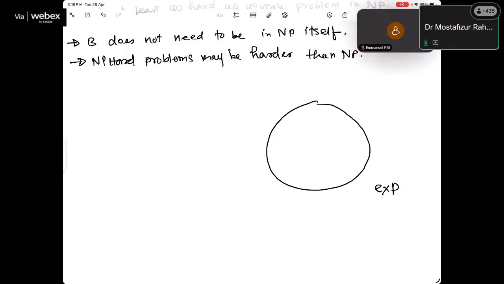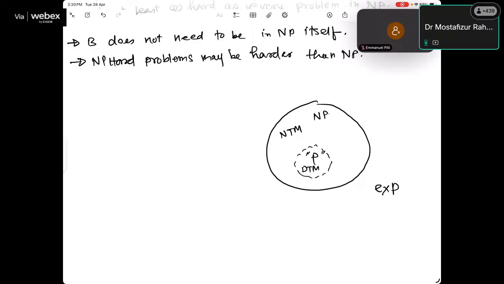Say this is my P class, for the DTM, the deterministic Turing machine, and this is for NP, the set of problems under the NTM, non-deterministic Turing machine.